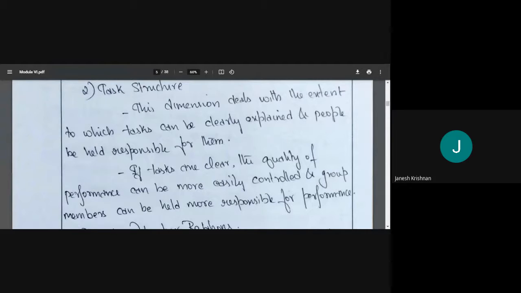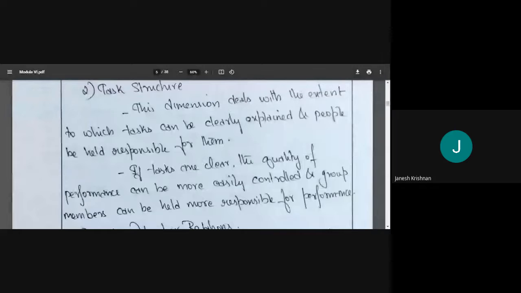Okay, right? Let me give you an example. I'll call up 10 of my employees. We have a pen manufacturing company or unit. I say we need to prepare pens. Everyone will prepare maybe different types of pens, different colors of pens, everything different.